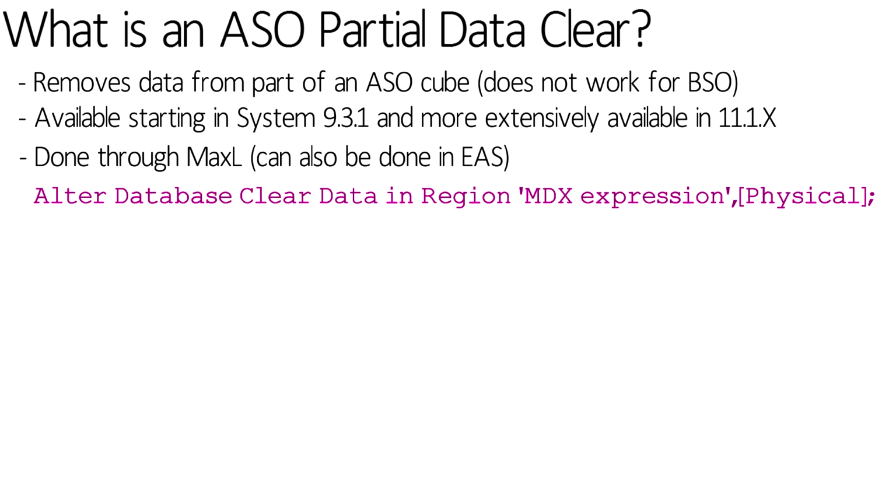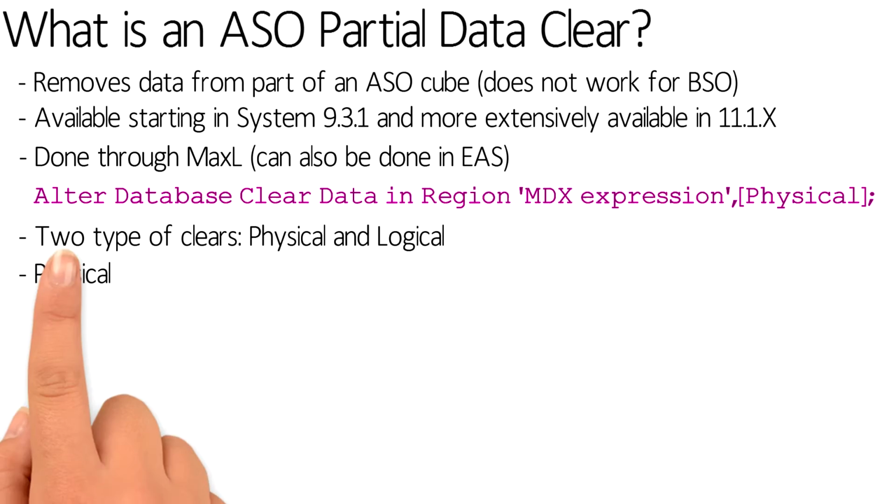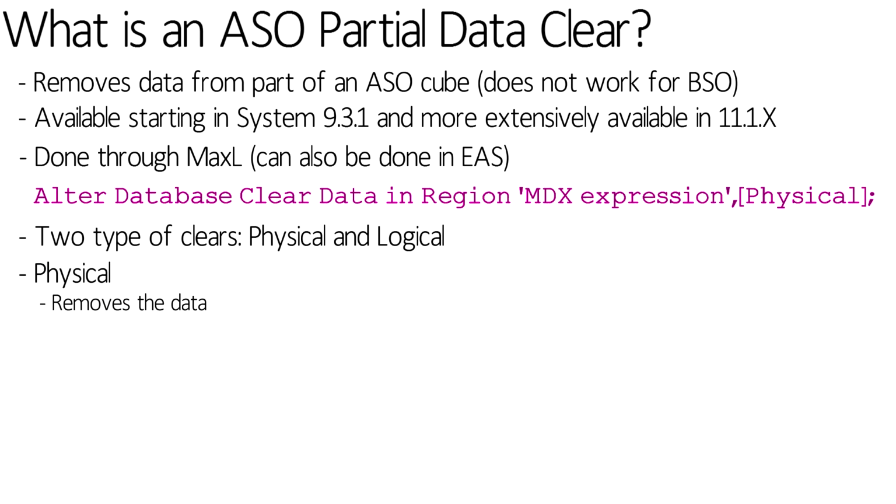So here's an example: alter database, clear data in region, and you set up an MDX expression, and you have this optional physical keyword. So there are two types of clears, physical and logical. A physical clear removes the data from the database and is a slower retrieval because it has to go into all of the cells and actually remove the data.